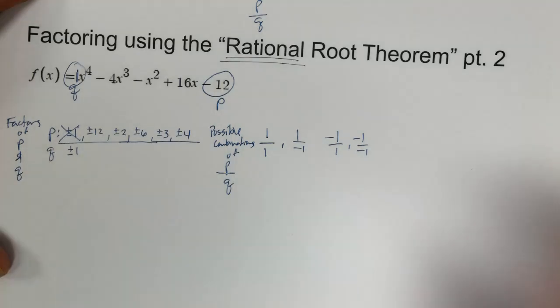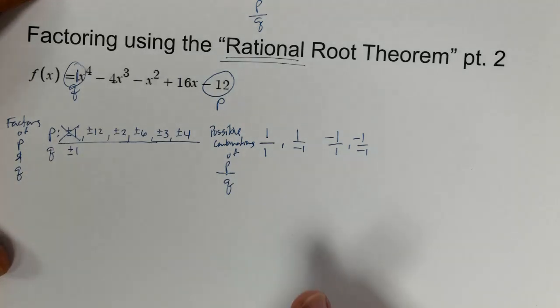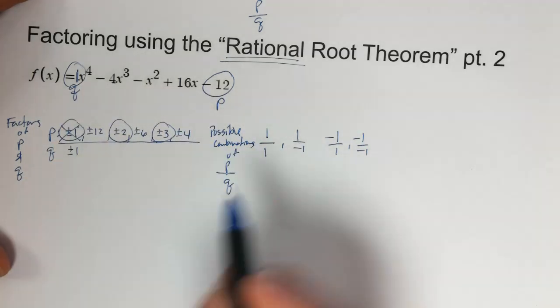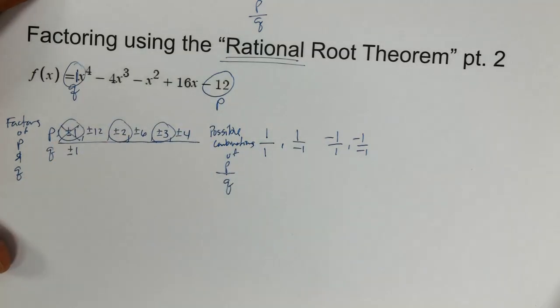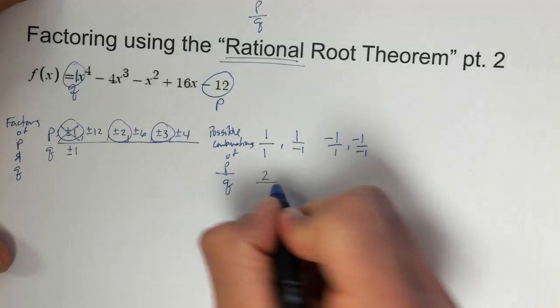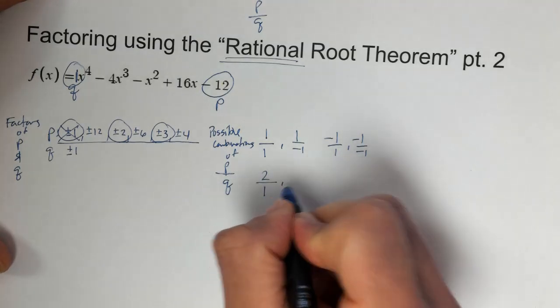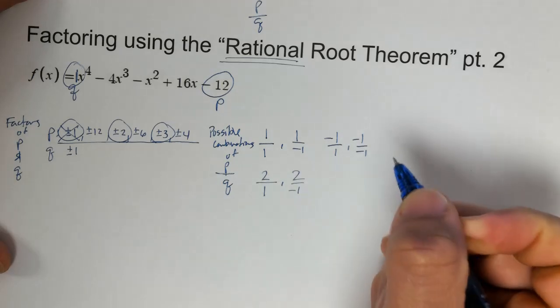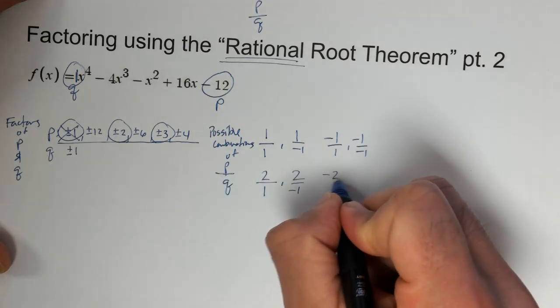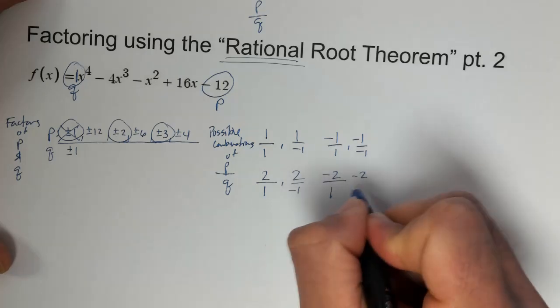And I can go through this list for all of them. I'm going to start with the smaller numbers, like 1, 2, maybe 3. I don't have to do all of these. That's too many numbers. Let's start with 2. If 2 is a numerator, then I can have positive 1 as a denominator, or I can have negative 1 as a denominator. If negative 2 is a numerator, I can divide it by 1 or by negative 1.